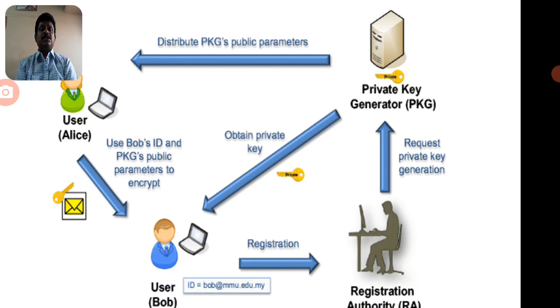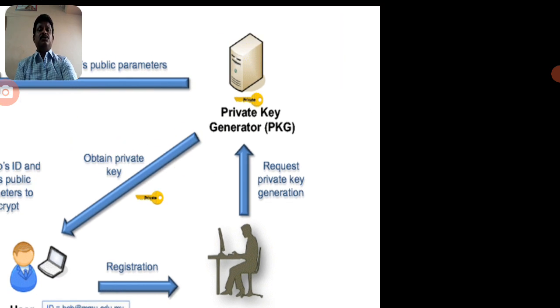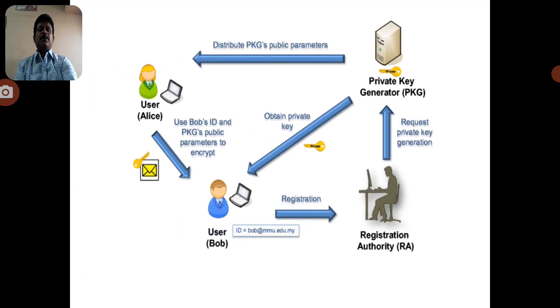In this whole process we can observe how we request the authority, and the authority itself generates the private key and sends it back to the user. So this is the public key authority.